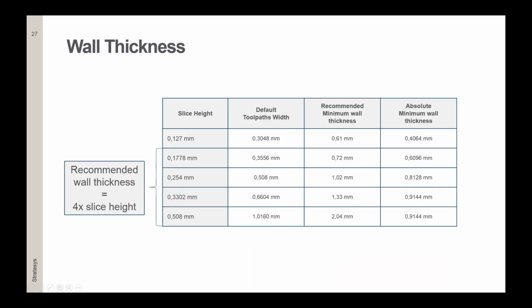So without giving much thought to that, to summarize from the table, by using the default toolpath width, it is recommended to multiply the slice height by 4 to get the optimal wall thickness. Due to the possibility to change the default toolpath width, you can have a lower minimal wall thickness than recommended.